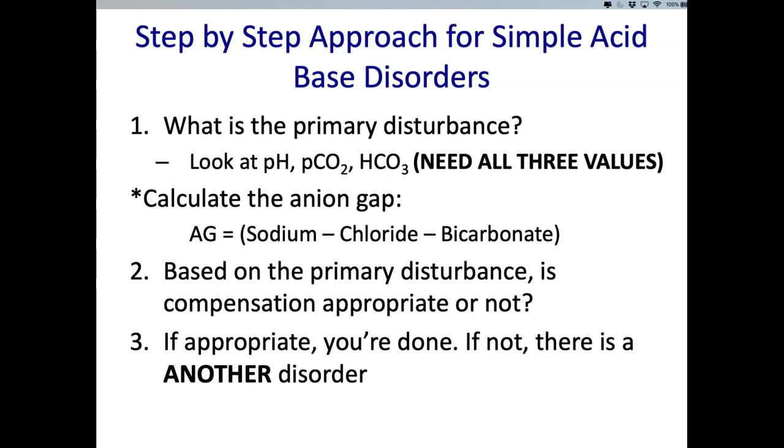Remember, in the acidosis slide I showed you, there's 3 different ways to develop acidosis: lactic acidosis is present, ketoacidosis is present, or you ingested some new acid, okay? This is how you determine that. That's how you find something like that. You would see an elevated anion gap, okay?